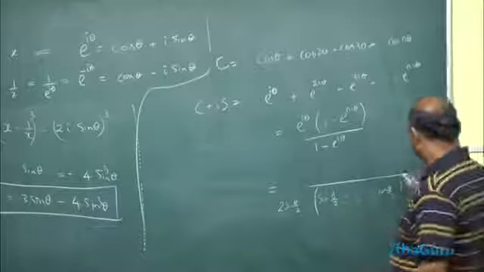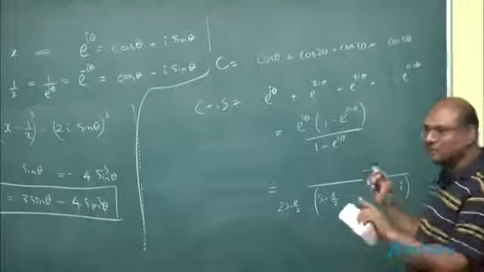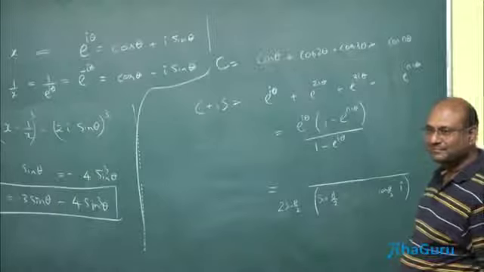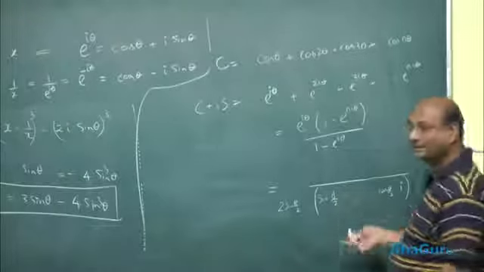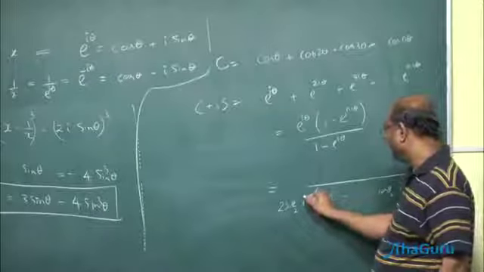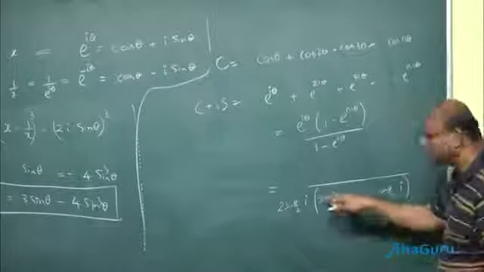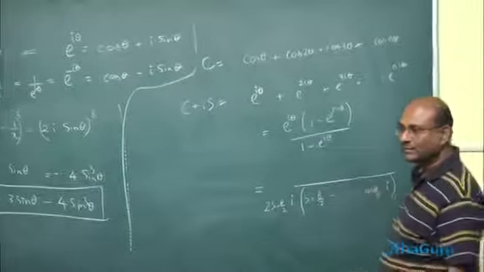Now this guy looks like e power i theta, except the sign is all messed up. Multiply and divide by i. So why don't I pull out an i? If I pull out an i, this i comes down, and that's basically i square.